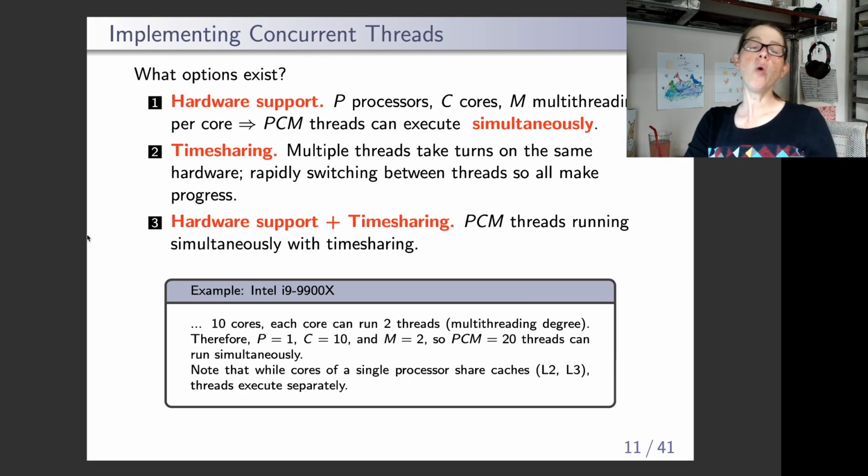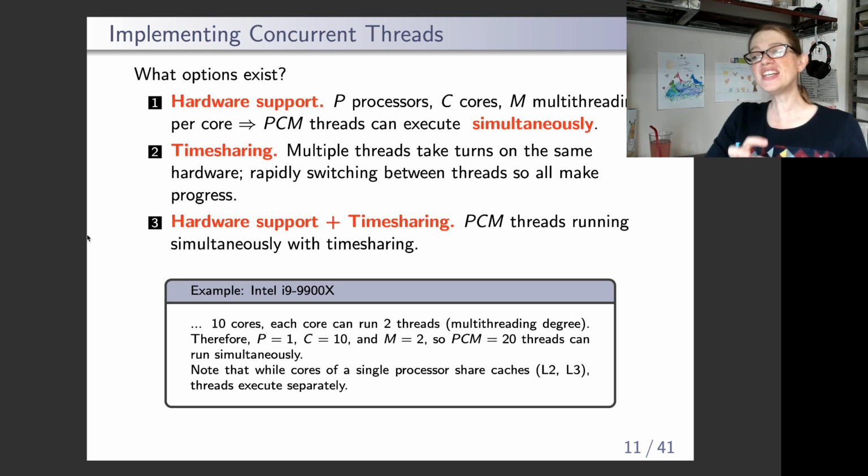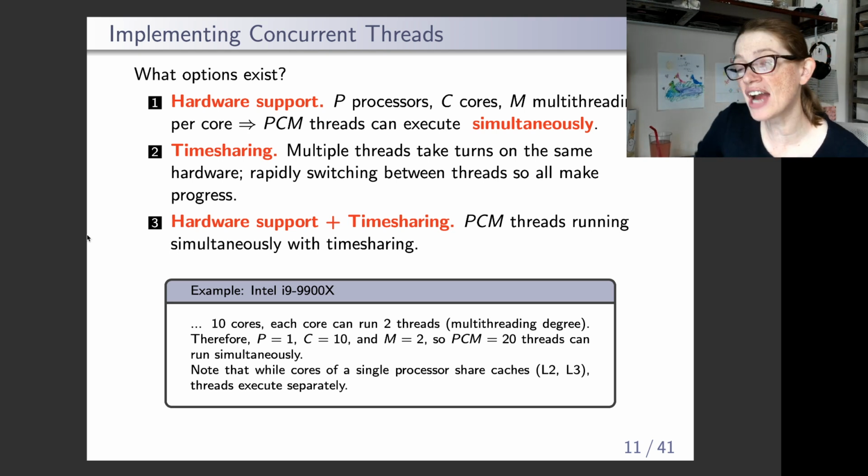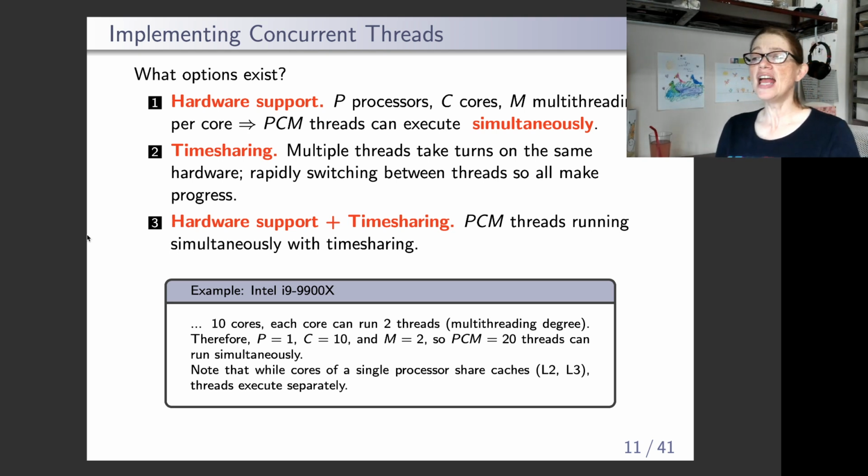We have a fixed number of hardware resources to physically run the threads on. So we need some way of giving the illusion of all of those threads using the CPU at the same time. How we do that is by rapidly switching between threads. Thread A gets a short period of time, and then thread B, and then thread C, and we rapidly switch between them.